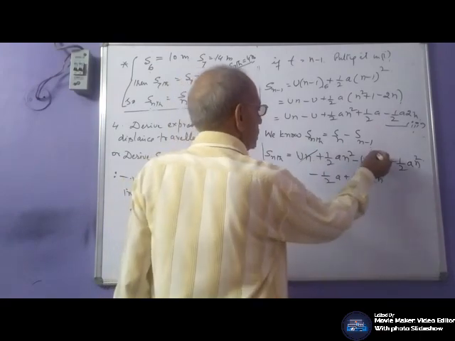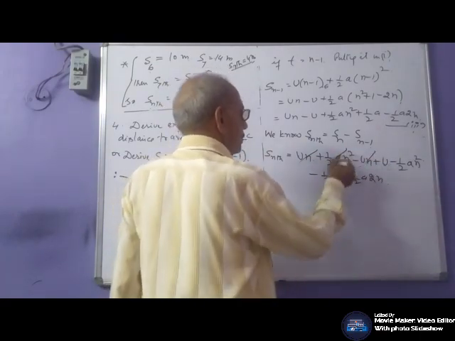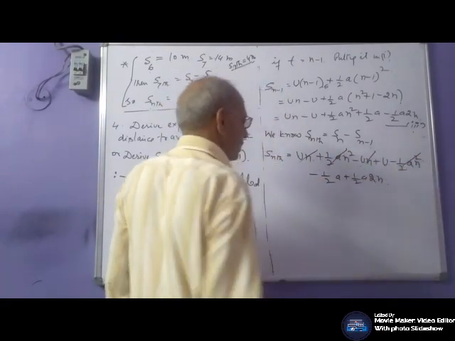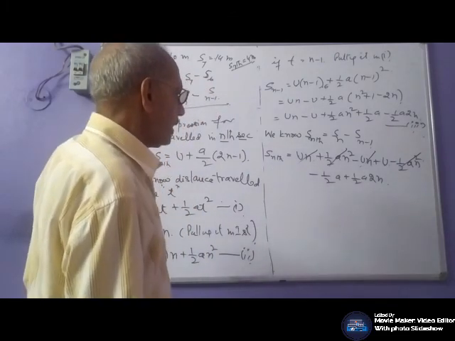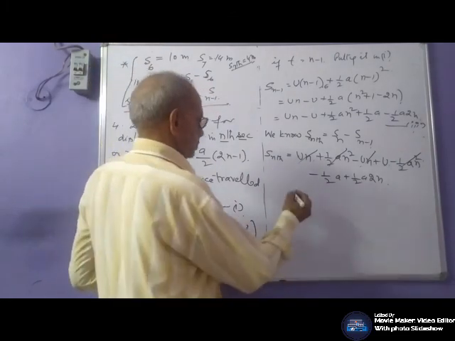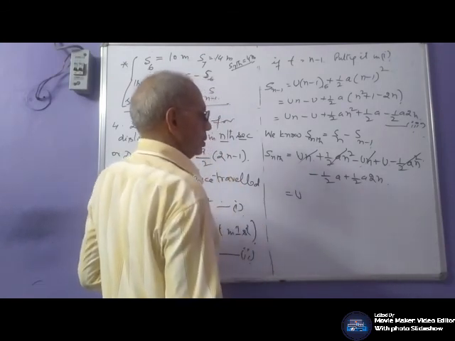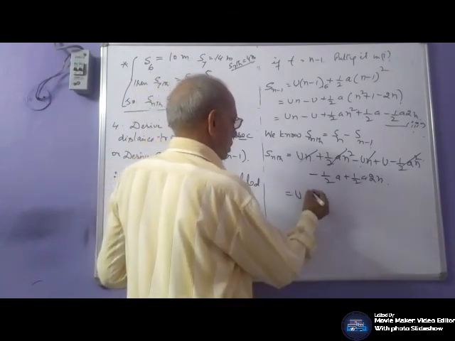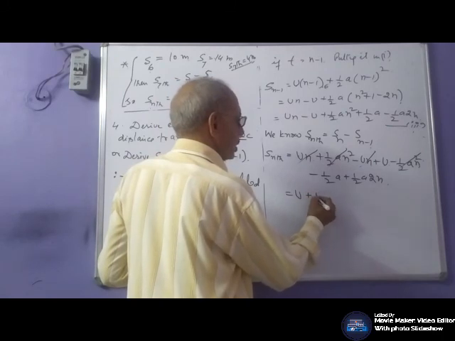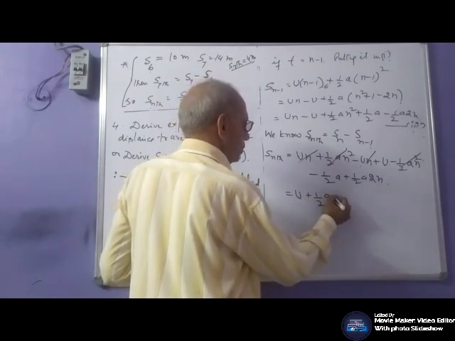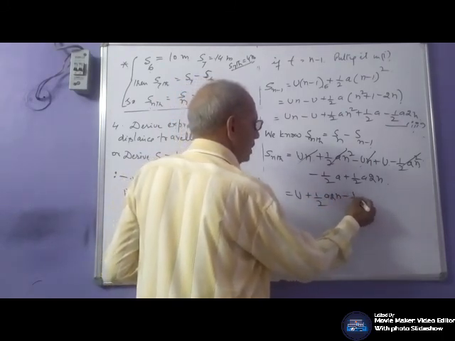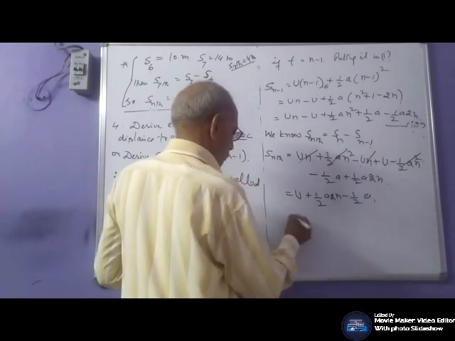un goes with this un, half an square goes with this half an square. What is left? U plus half a 2n minus half a.